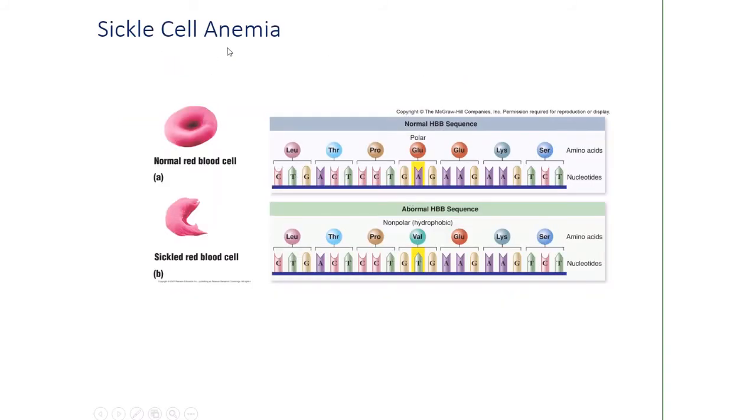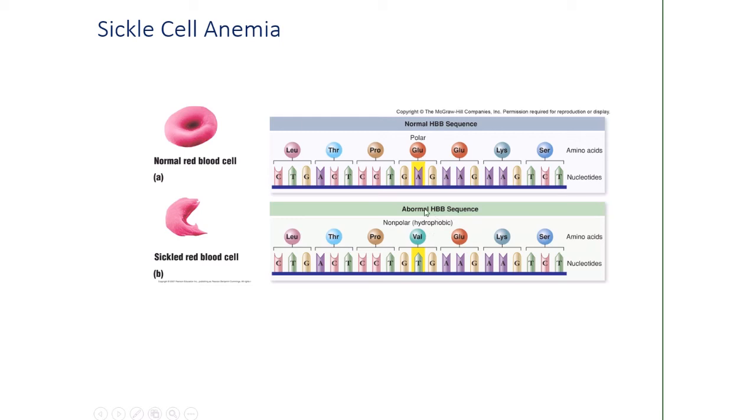You might remember sickle cell anemia. We first talked about this in lecture number 2 when we discussed protein sequences. Here is the primary sequence of the protein in the original wild type sequence, and in sickle cell anemia, the mutation is a base substitution mutation, and it causes the codon to go from glutamic acid, which is a polar amino acid, to GUG, and that encodes for valine, a non-polar amino acid.